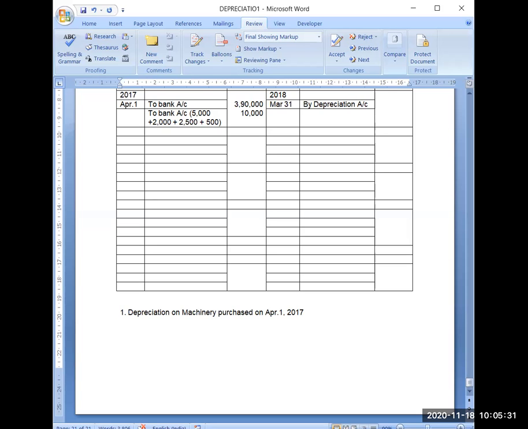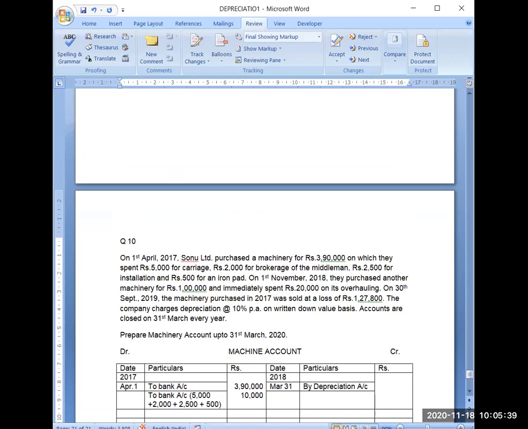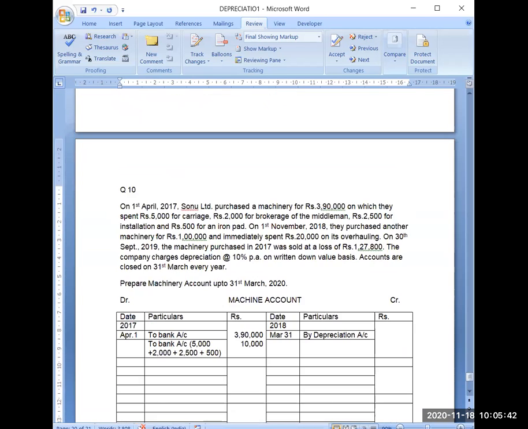So the cost is 4 lakh now. 4 lakh multiplied by rate of depreciation. So rate of depreciation is 10% per annum.